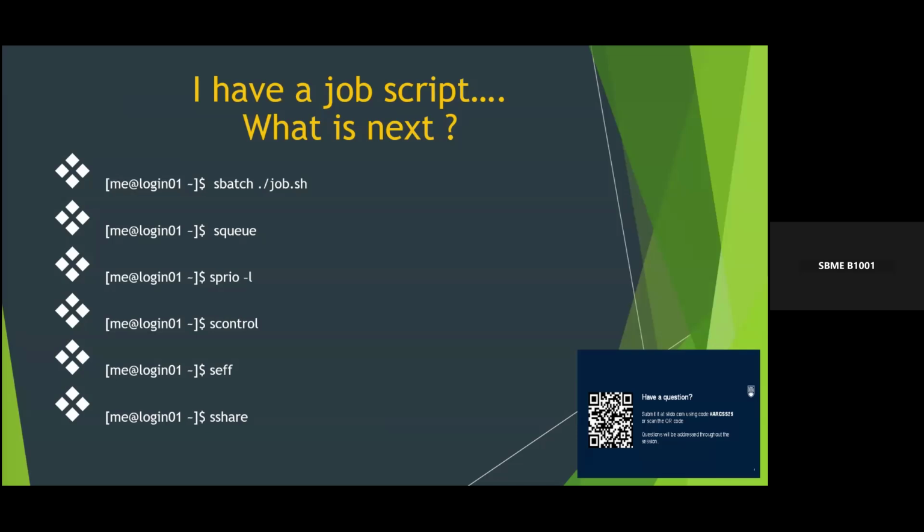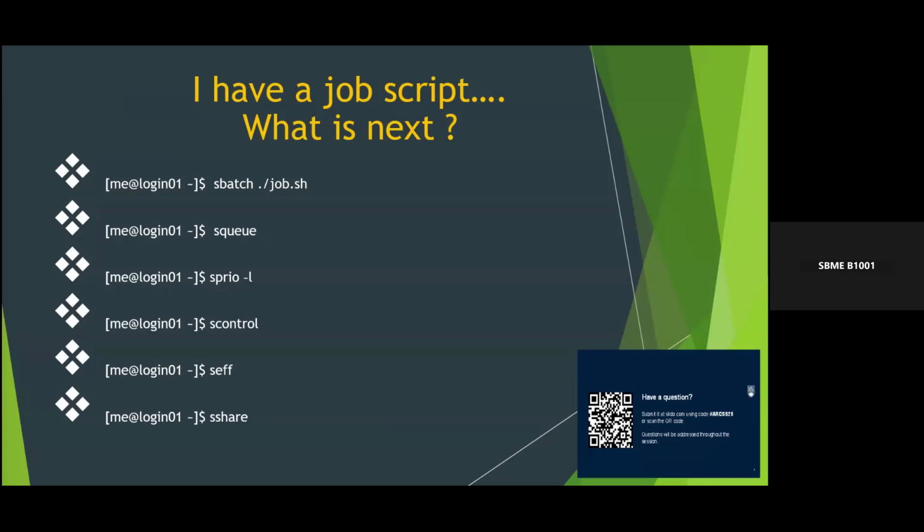So which options to use for squeue, please read the documentation. squeue will list the jobs which you are running. sprio will list the jobs by priority, so you can always take a look at who is ahead of you, who has a higher job priority, right?